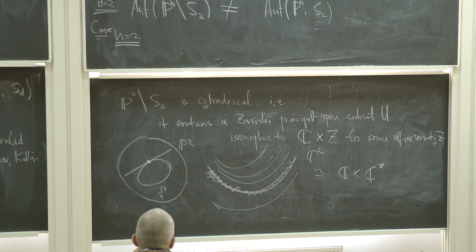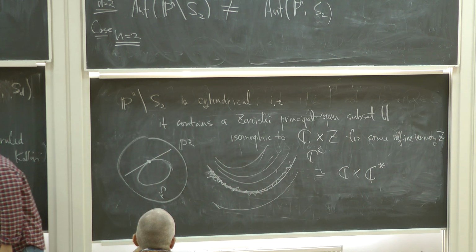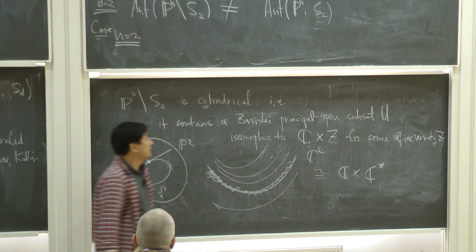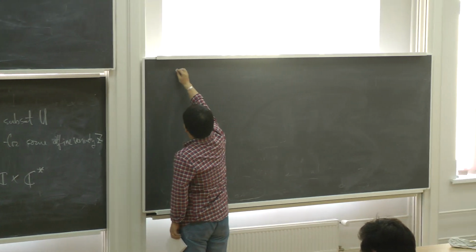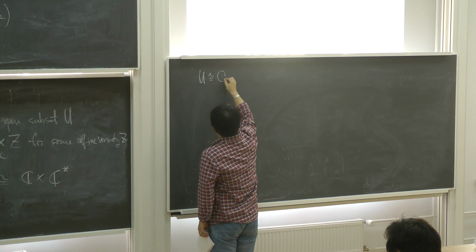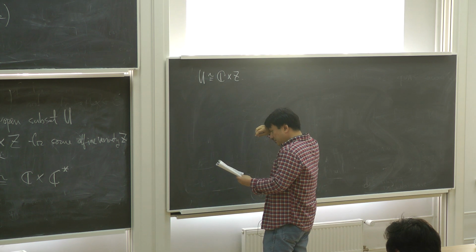All right, then what you can do with the cylinder is the following. On U, this is C cross Z, something like this.